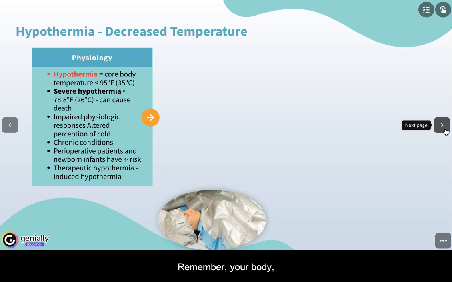Remember, to maintain homeostasis, your body has to maintain all its vital signs, including the temperature. So the hypothalamus thermoregulatory center has to maintain homeostasis. Impaired physiological responses and altered perception of cold can all cause hypothermia.